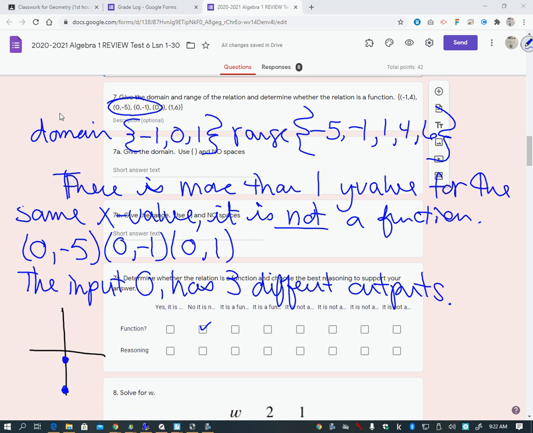And 0, 1 would be about there. What happens if I connect those 3 points? What kind of line? A straight line? Be more specific. A vertical line. Why is that a problem?